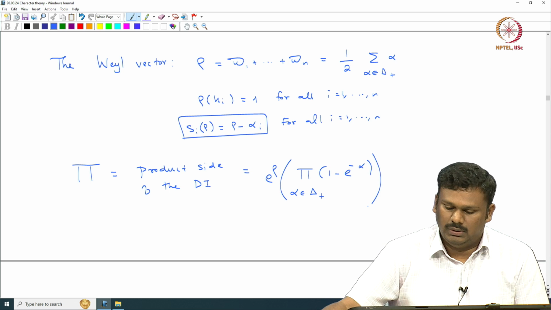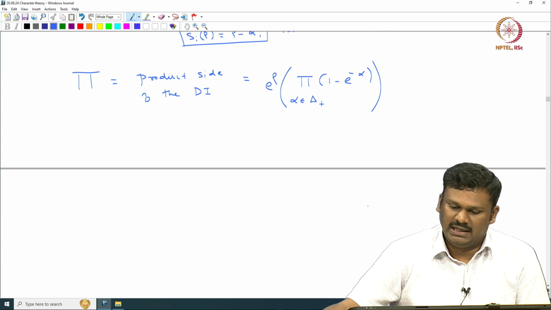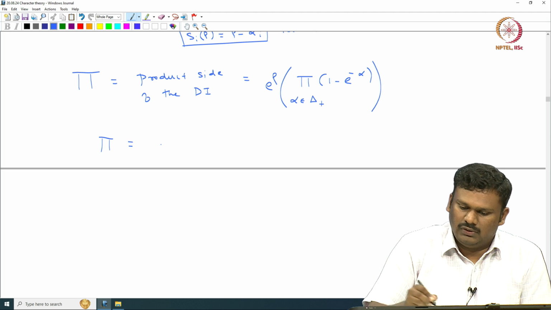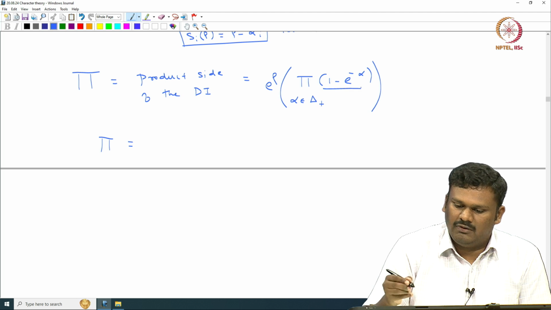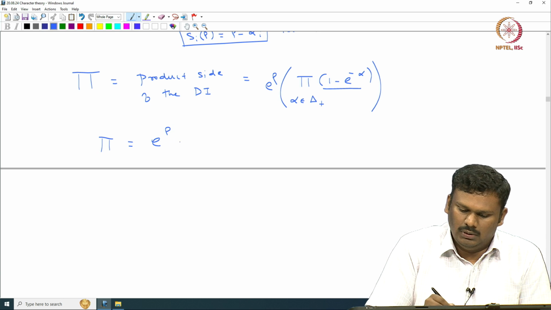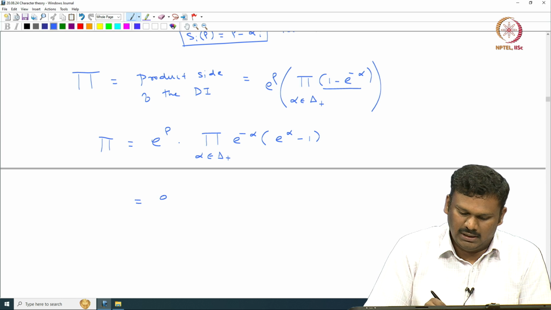So we can simply rewrite this as follows. If you take out this e to the minus alpha from this product, then you get e to the rho times the product of e to the minus alpha times (e to the alpha minus 1), alpha in delta plus. Now if we collect them together, we see this is e to the rho times the product, and this thing will come out.